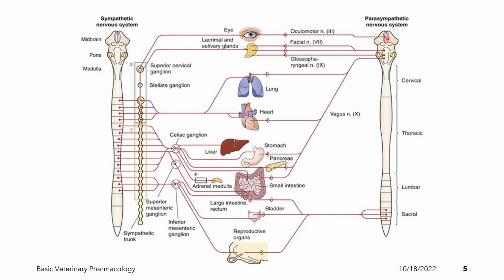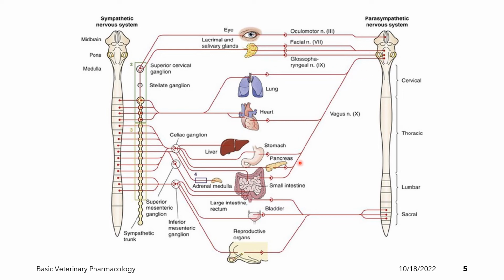For the cranial nerves with parasympathetic function, this includes the cranial nerve number 3, which innervates the eyes. The facial nerve innervates, for example, the lacrimal gland and the salivary gland. We also have the glossopharyngeal, which also innervates the salivary and the lacrimal glands. We also have the vagus nerve.